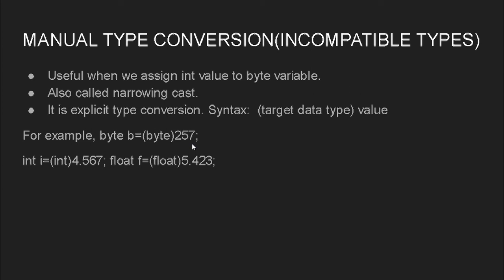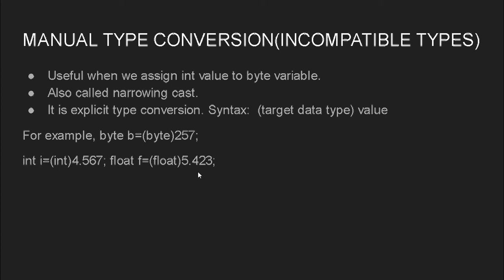This 257 is actually an integer, not a byte. So I'm writing byte inside parentheses, and this integer will get converted to byte by this explicit conversion. Then the value will get stored in this particular data type.